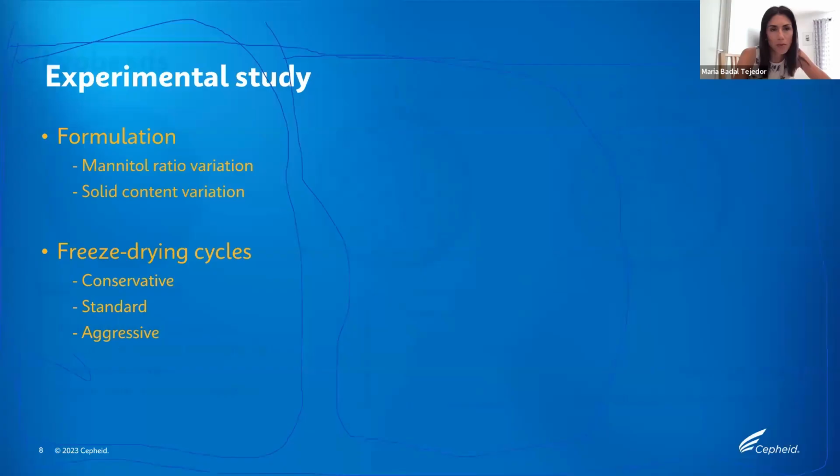And then we are also going to investigate which are the best drying parameters to be applied depending on the characteristics of each formulation. So what we have done in our following experimental study is to design different formulations with different mannitol ratios, also with different solid contents, and we have dried those with different drying cycles.